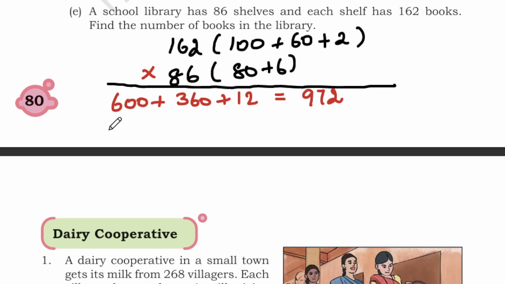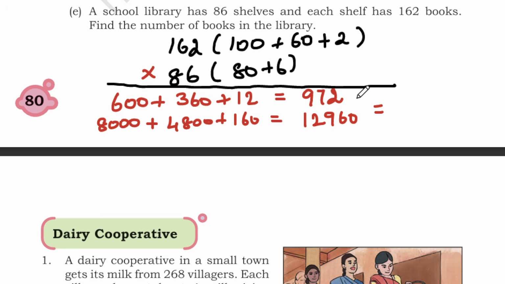So 100 into 80 is 8000, and 60 into 80 is 4800. 2 into 80 is 160. So 8000 plus 4800 is 12,800, plus 160, so 12,960.